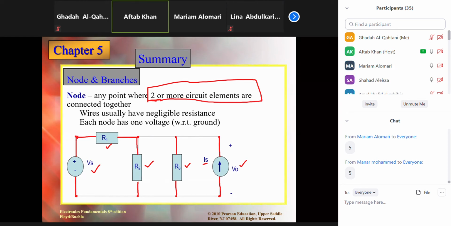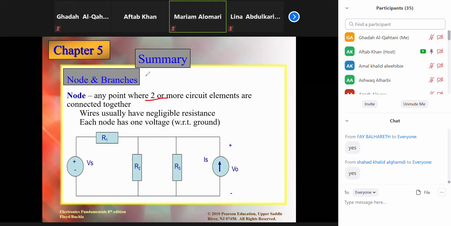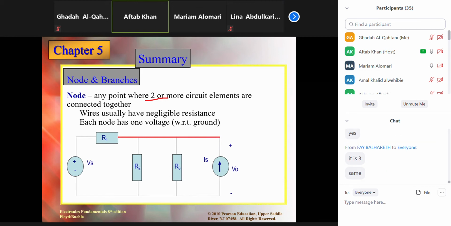Yes. Okay. Second thing about the nodes. What does a node say? Two or more circuit elements. Okay. Now see. Is this the same point or not? Same. So a single node. Also, from here to here, is this the same point or not? Same.